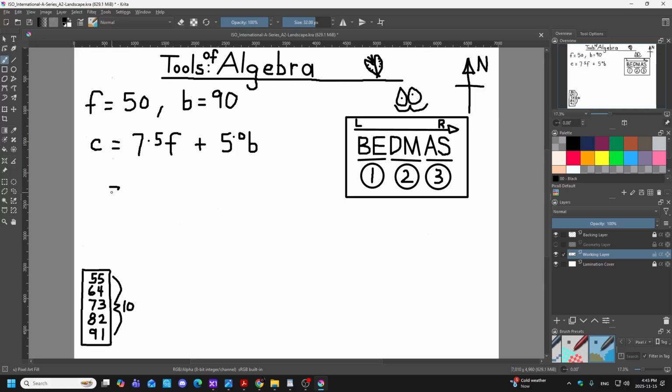So let's continue. C equals 7.5 multiplied by 50 plus 5.0 times 90. All right.